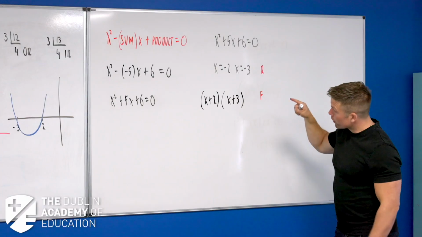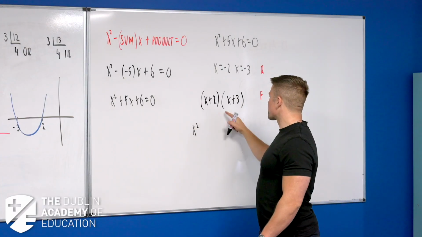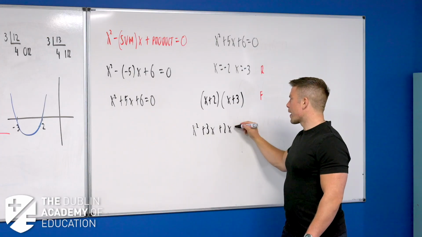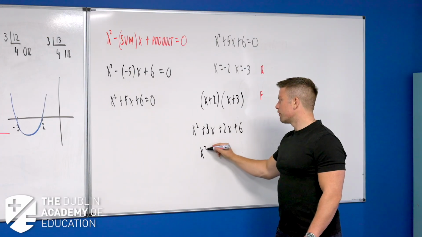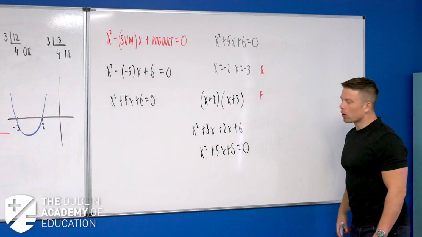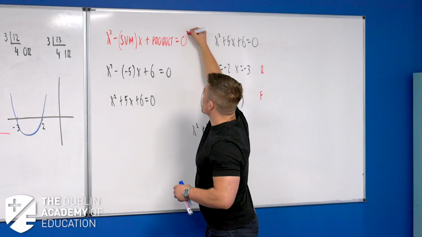Those are factors. If we multiply, as we said a few minutes ago, our factors together, we've got x squared plus 3x plus 2x plus 6. If we add the like terms, that is another way of getting our quadratic at the end. For the moment, I would suggest doing it this way.